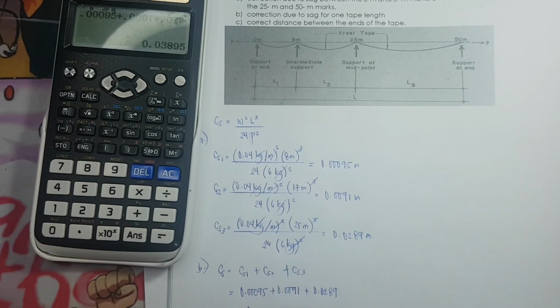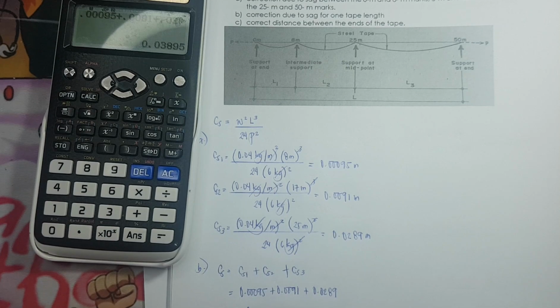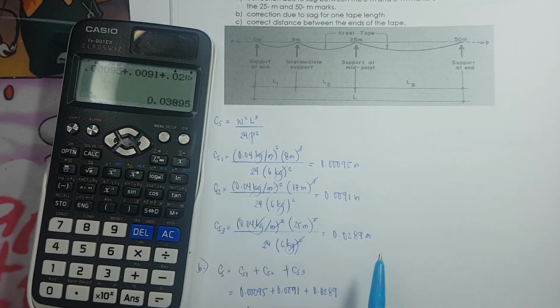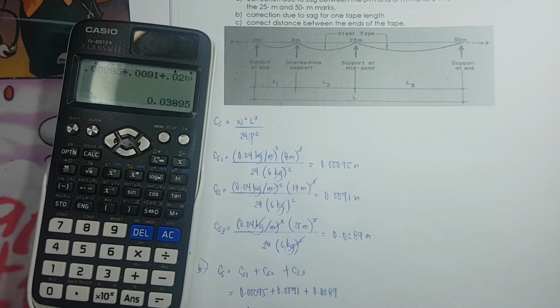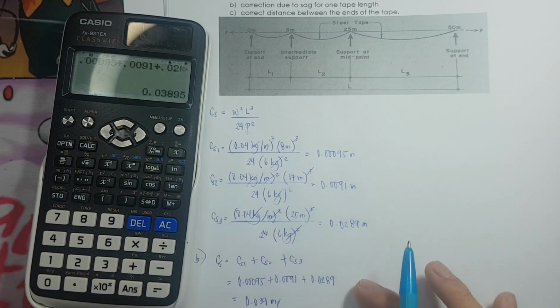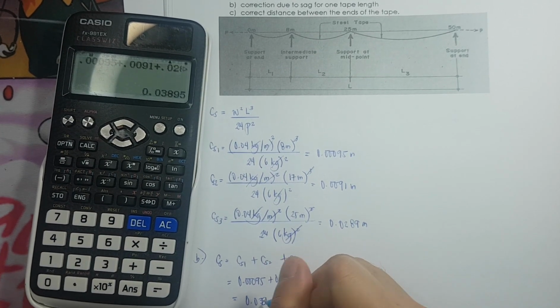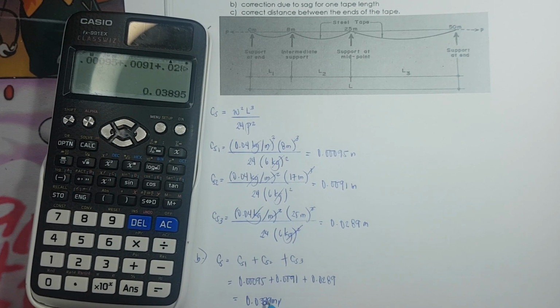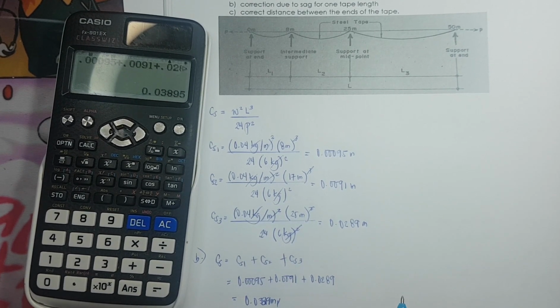So that is the correction due to sag. Or we can just use 4 decimals, like in your module, I think. So it can be 0.0389 meters.